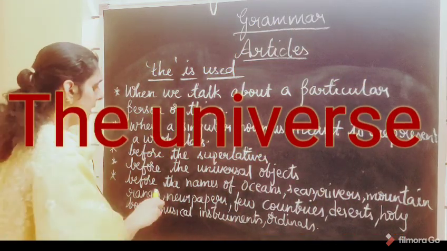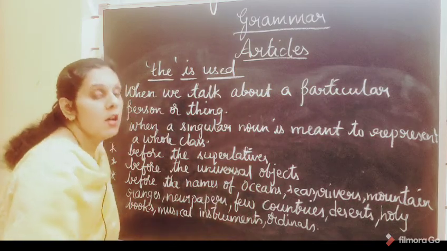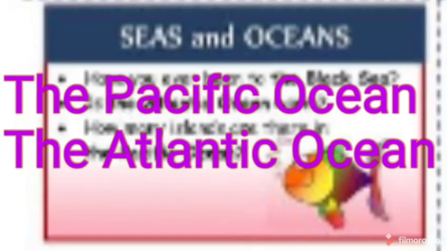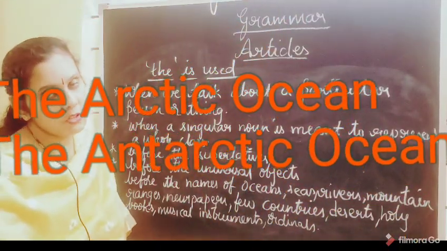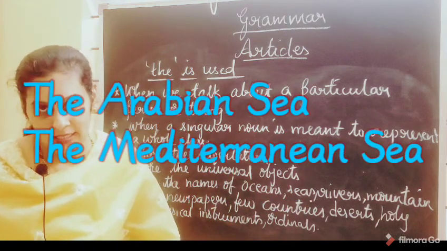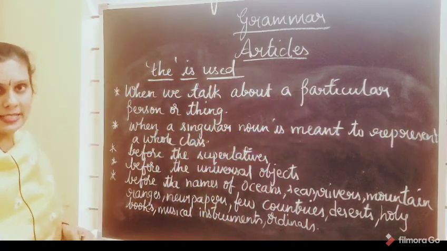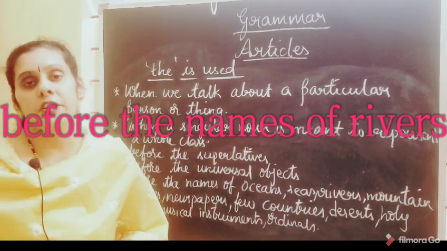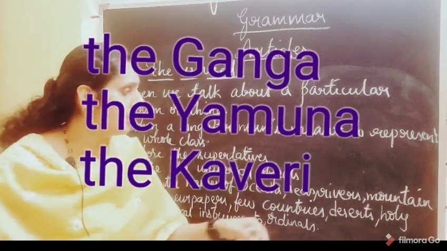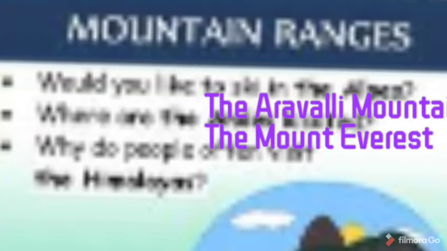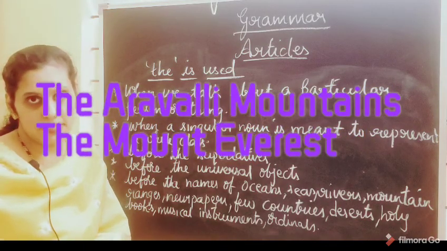Next, before the names of oceans: the Pacific Ocean, the Atlantic Ocean, the Arctic Ocean, the Antarctic Ocean. Next, before seas: the Arabian Sea, the Mediterranean Sea. Next, before rivers: the Ganga, the Yamuna, the Kaveri, the Tungabhadra. Next, before mountain ranges: the Aravalli mountains, the Mount Everest.